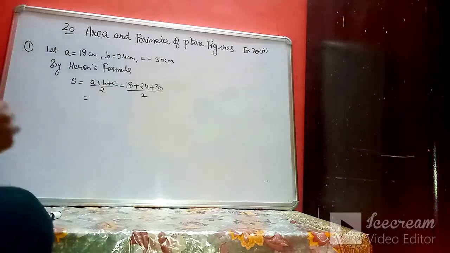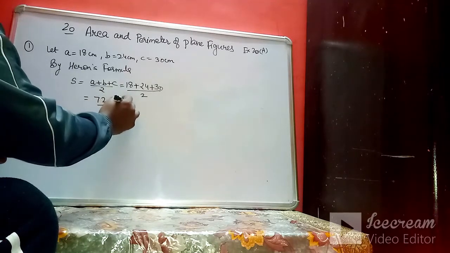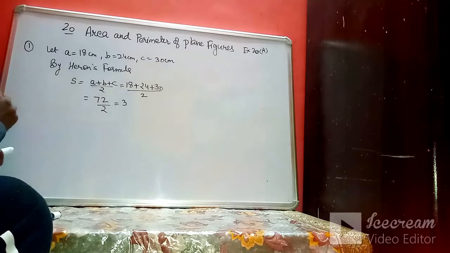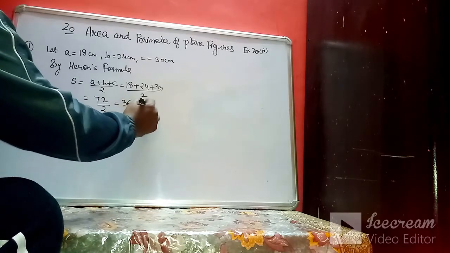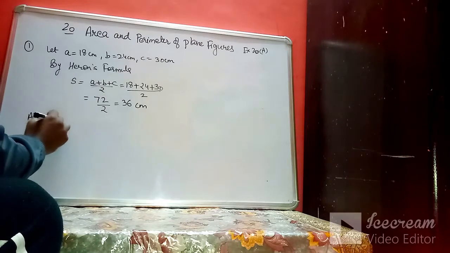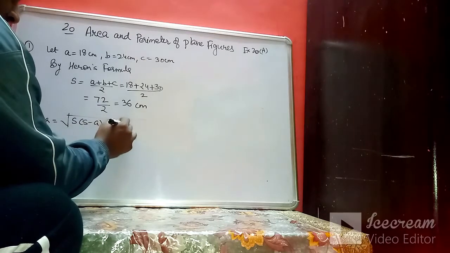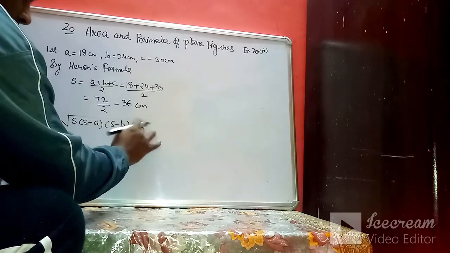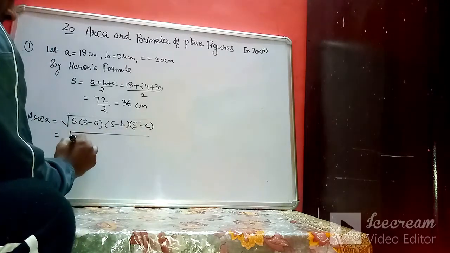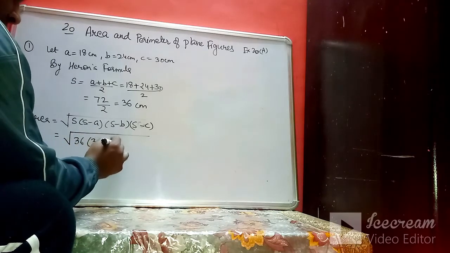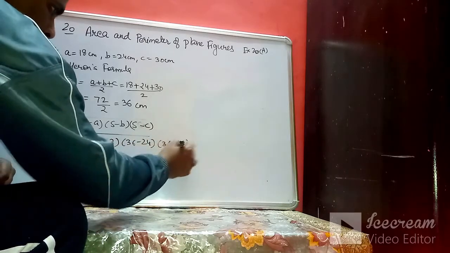So that will give you 72 by 2, that is 36 centimeter. Then what is the area? Under root S, S minus A, S minus B, S minus C. This is the area. Let's put the values: 36, 36 minus 18, 36 minus 24, 36 minus 30.